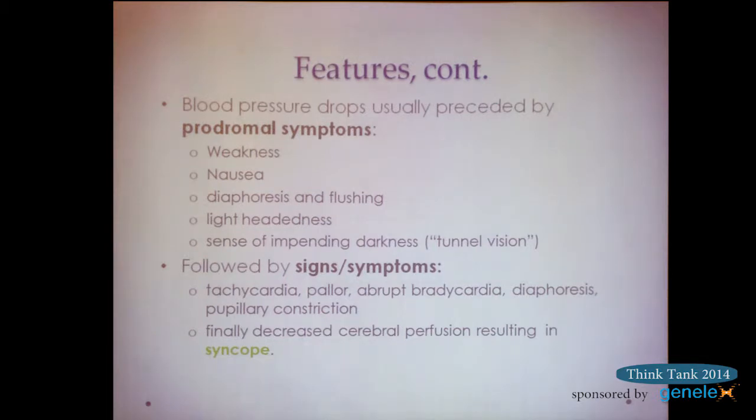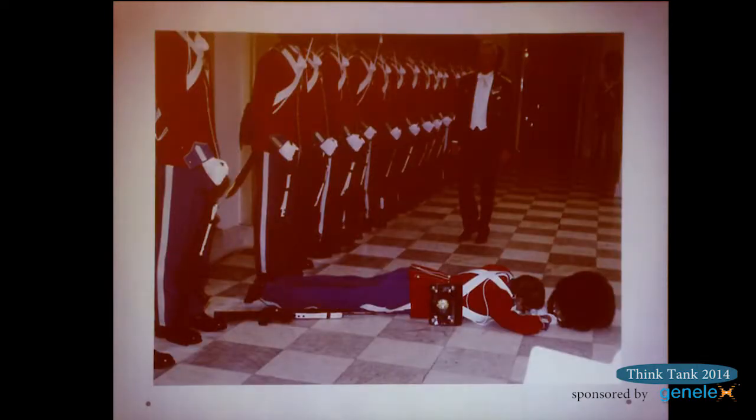This includes tachycardia, pallor, diaphoresis, and pupillary constriction; the heart rate can actually slow down in some patients depending on the predominant mechanism. And finally, we have decreased cerebral perfusion resulting in syncope, such as this unfortunate soldier here.